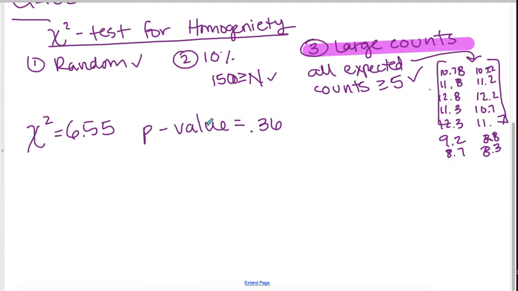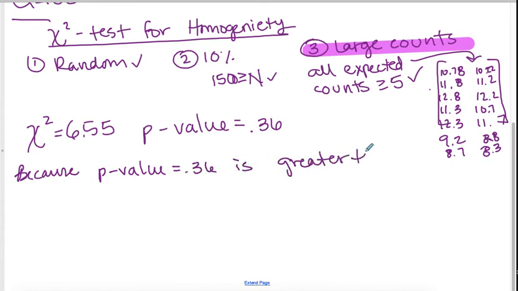Once we have our chi-squared and p-value, then we're ready to make our conclusion. So for this case, because p-value equals 0.36 is greater than alpha, we fail to reject.